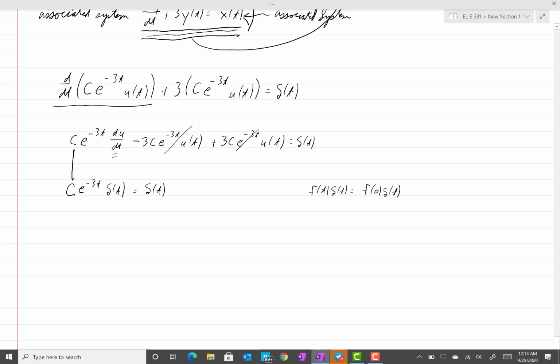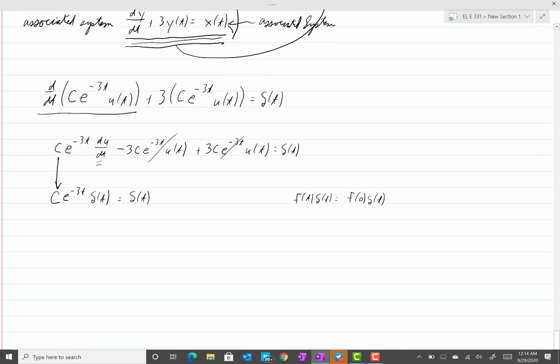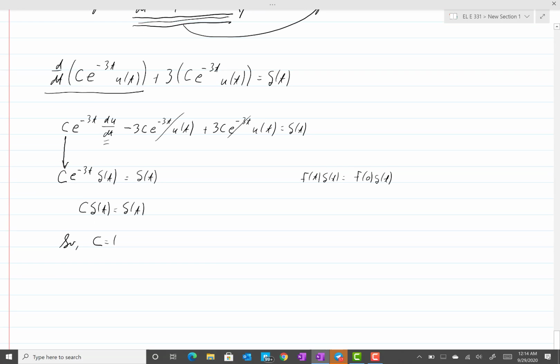So again, if we think of f of t as being ce to the minus 3t, then f of 0 would be ce to the 0, or c times 1, which is c. So we have c delta of t equals delta of t, and therefore c is equal to 1.